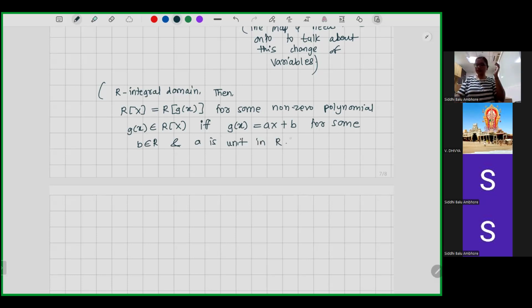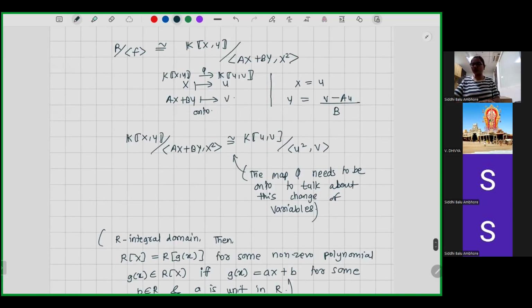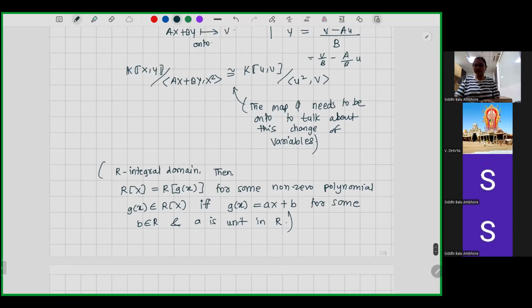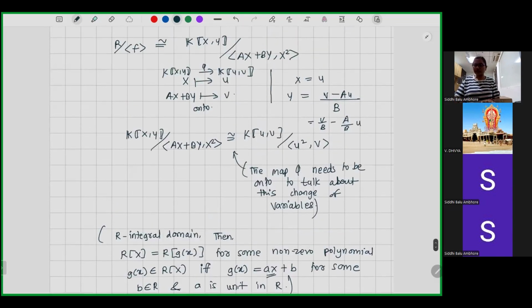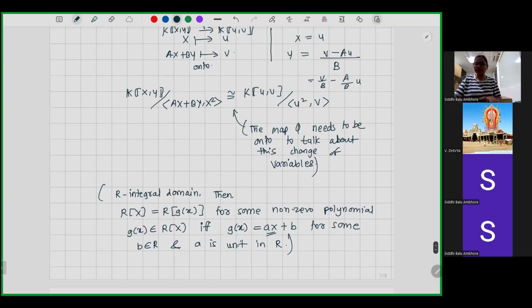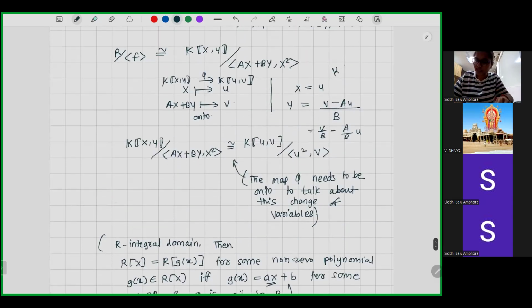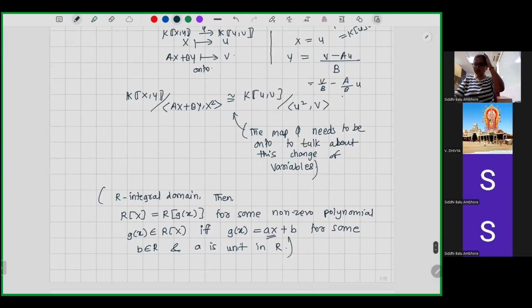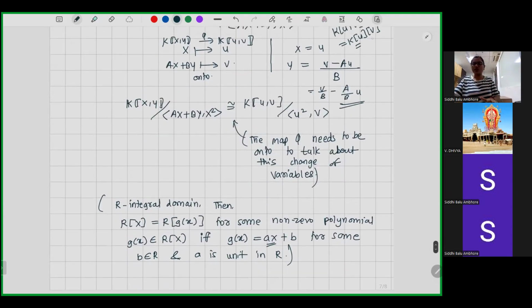So this is here, and when I write this v by b minus a by b u, this v by b has this form, and this b is just an element. So this is like looking at this K[[u,v]] as K[[u]][[v]]. So this constant here is from this K[[u]], and v is now my variable.